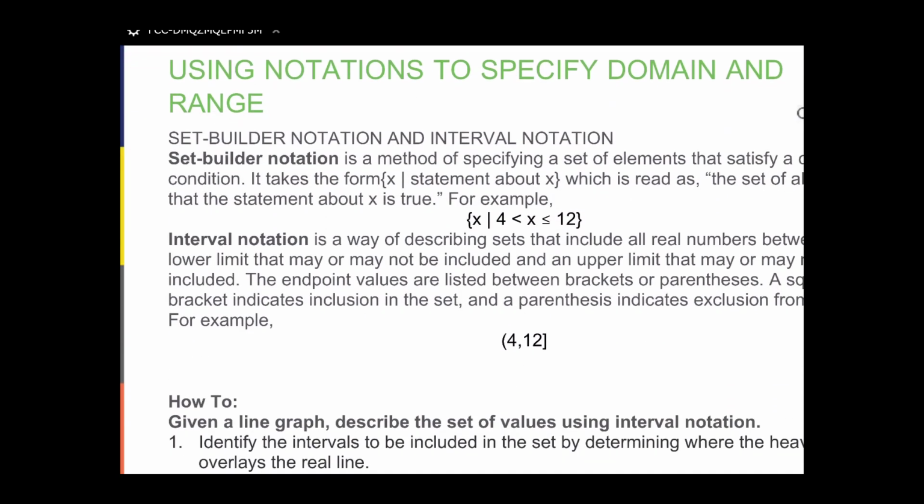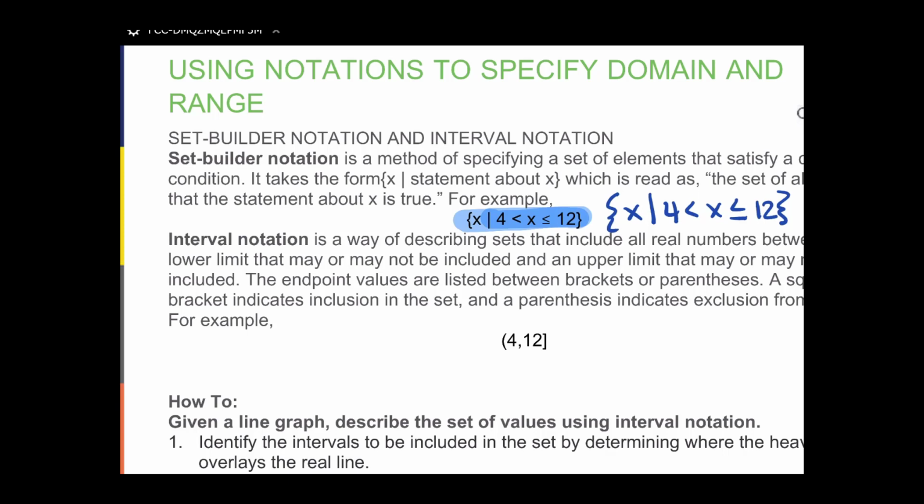All right, I told you that we would talk about set builder notation, and this is where you write it in inequality form, but then you put an x in front of it. In this case, we're saying x is all numbers such that 4 is less than x is less than or equal to 12. It's basically writing it in inequality notation, but then putting a little x with a bar in front.